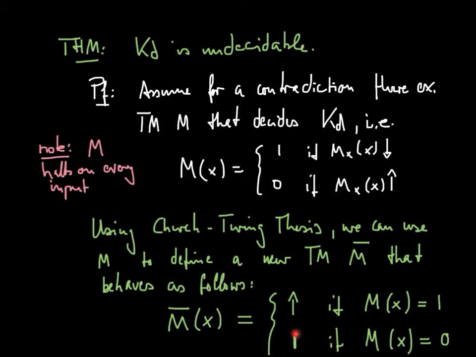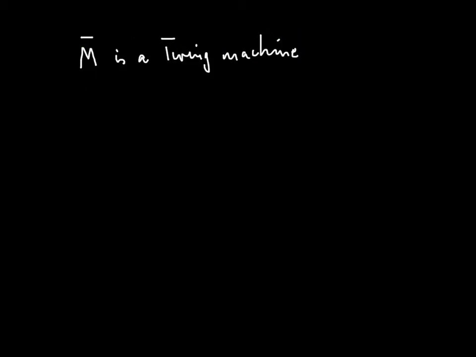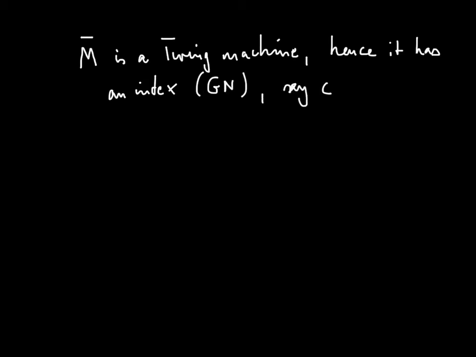So it stops and outputs 1. Now, M bar is a Turing machine, but every Turing machine has an index, so hence it has an index or Gödel number, say E bar.